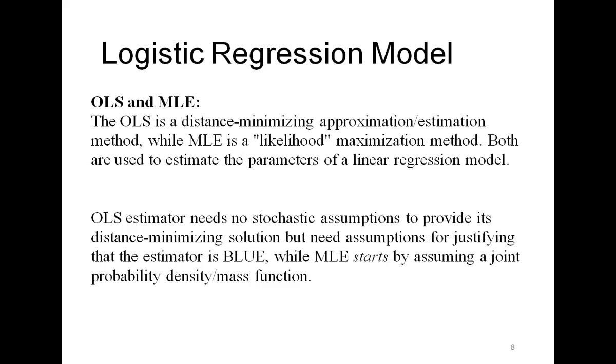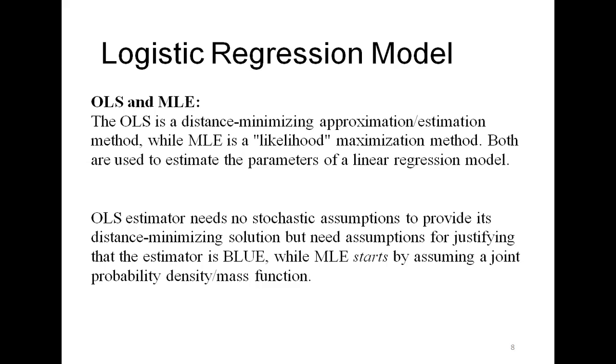Okay. Here, as you can see, in OLS we do not use any kind of stochastic or random assumptions. We need assumptions only for justifying that the OLS estimator is BLUE, the best linear unbiased estimator. That's it. But here, MLE starts by assuming a joint probability density function.